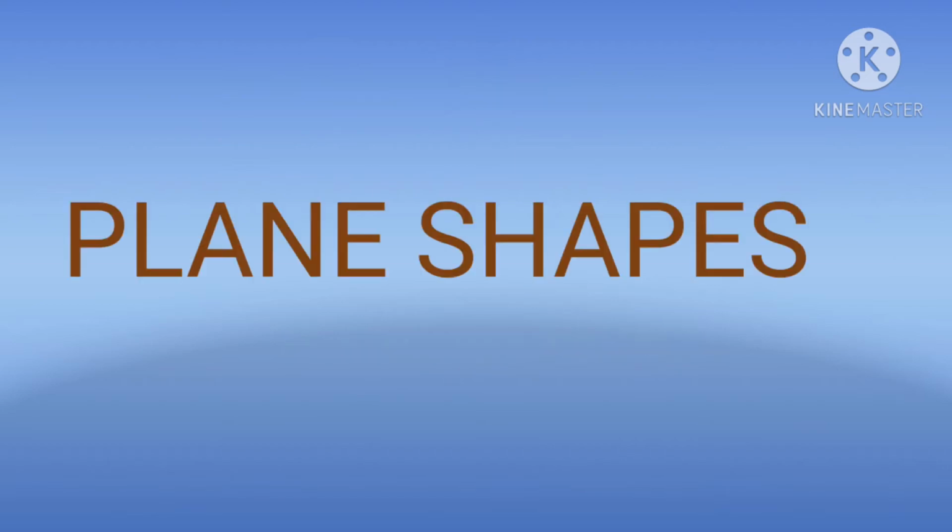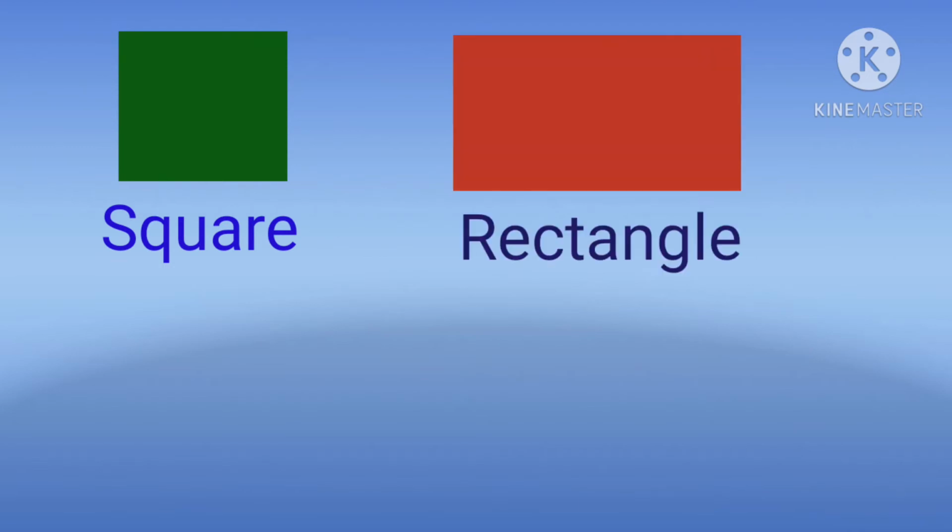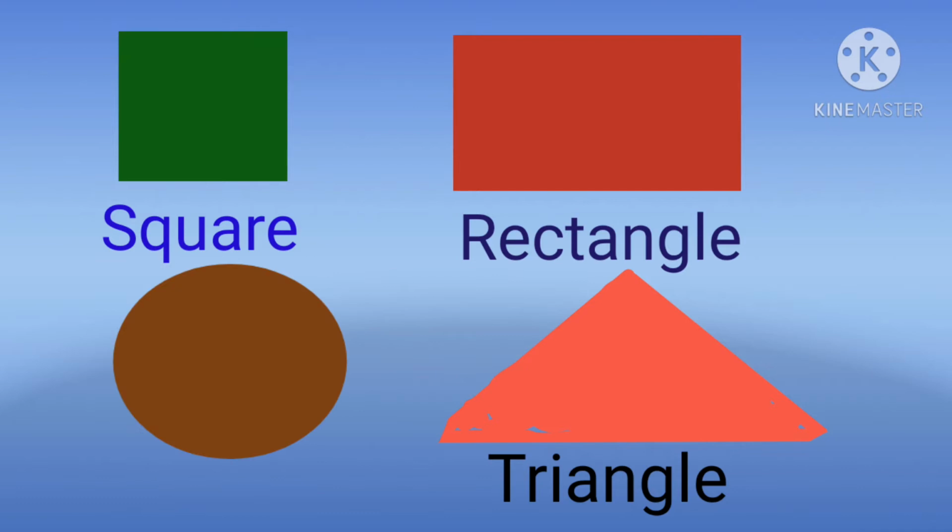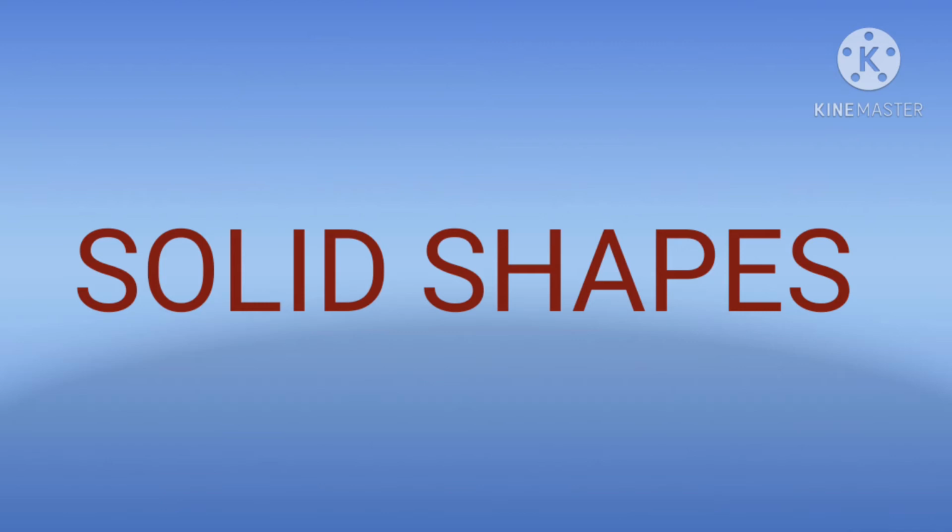Now let us remember the plane shapes. What are the plane shapes? Yes, square, a rectangle, a triangle, and a circle. They all are plane shapes. Next, what are solid shapes?